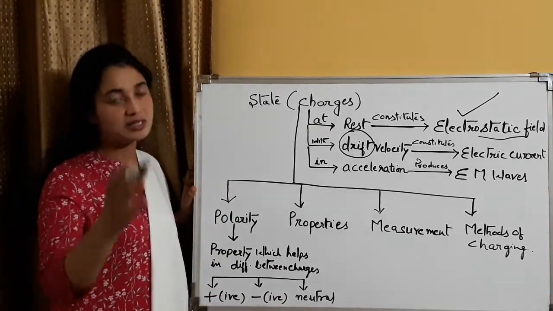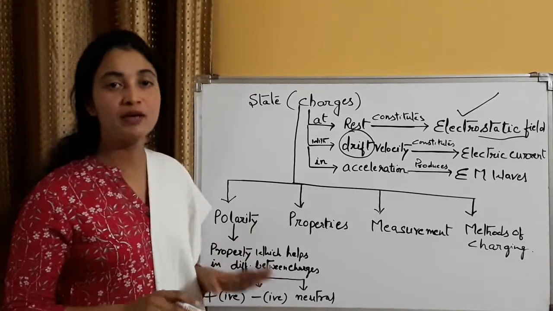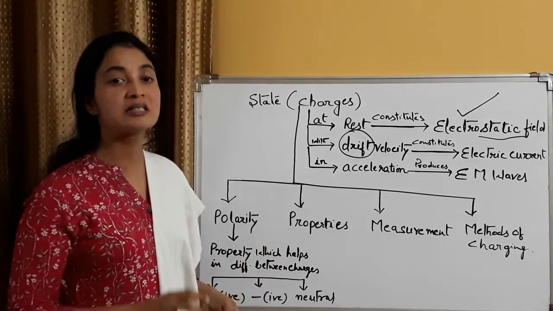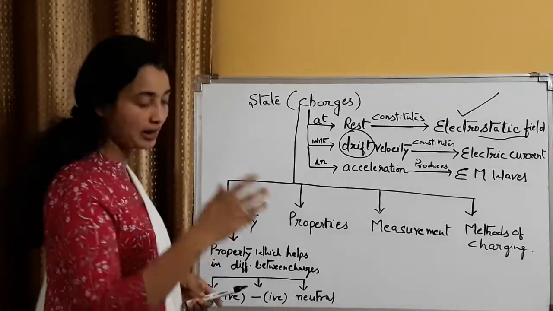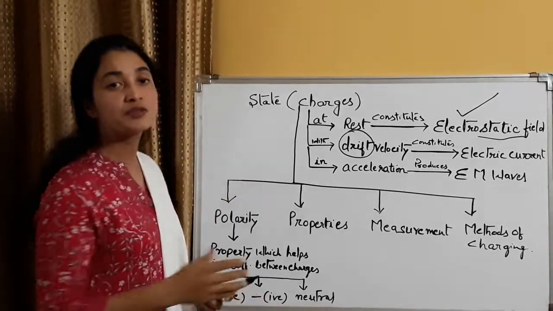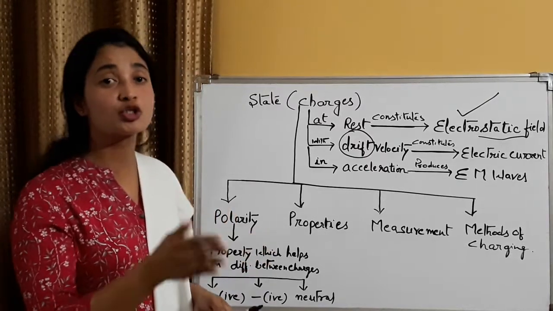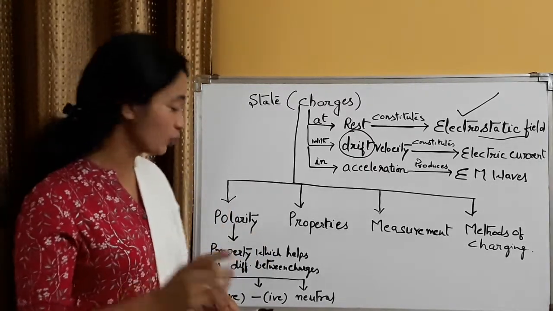Positive charge, by this time you are in class 12, I believe you know that positive charge is the deficit of electrons, when we have taken some electrons out of an atom or any body. Negative charge is when we have added some electrons to an atom or to a particular body.